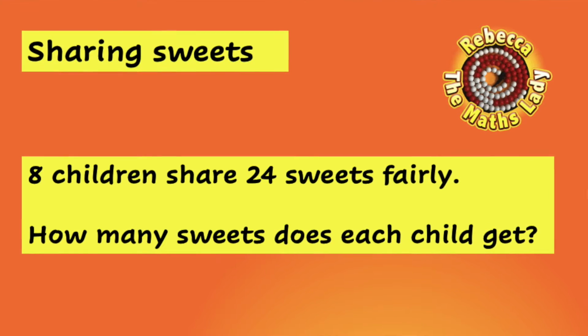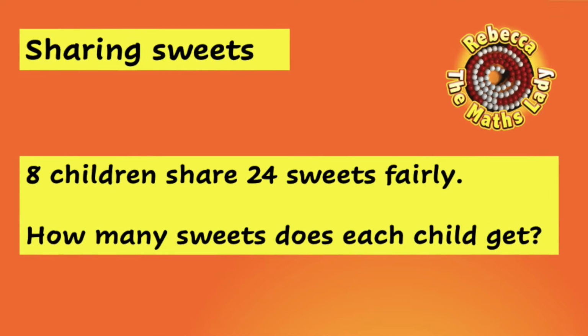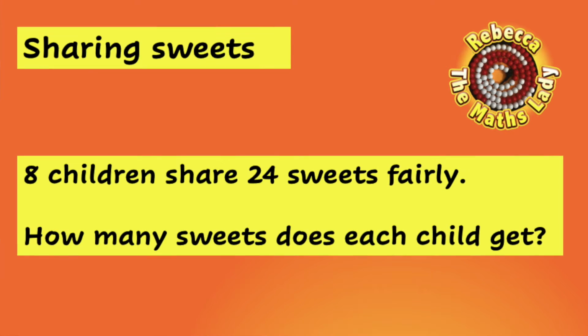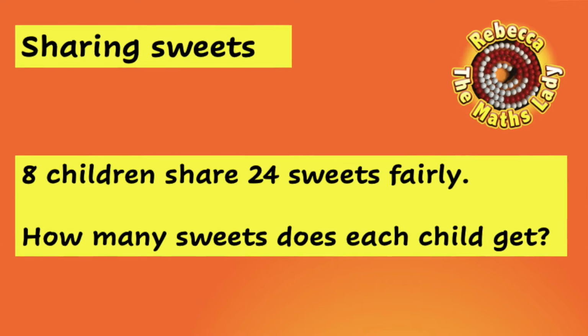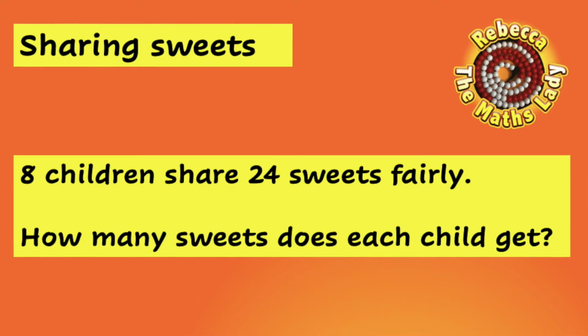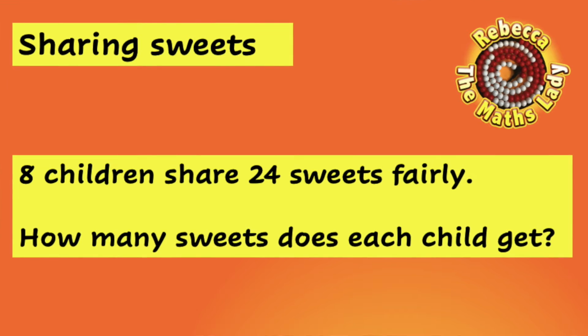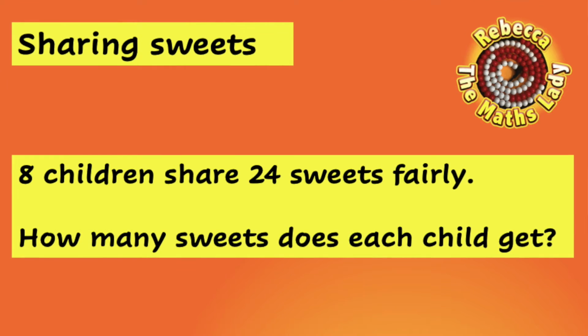If you counted how many 8s there are in 24, again, you could have just really confused a child because that's not what the question says. It's a sharing fairly question. Counting groups will work because both strategies work for division. But you need to make sure that the child you're working with understands that, especially if you suddenly shift to counting groups, because this isn't a counting groups question naturally.